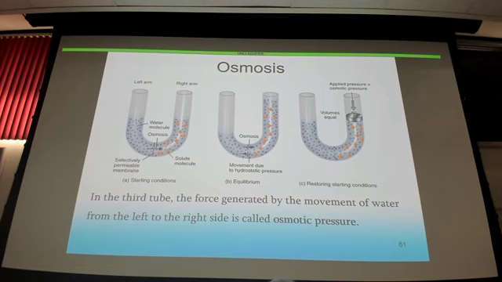So if you took this U-shaped beaker as an example, and we had water molecules on the left side, and then water and solute molecules on the right side, and we put a semi-permeable membrane in the middle, that was our starting condition.